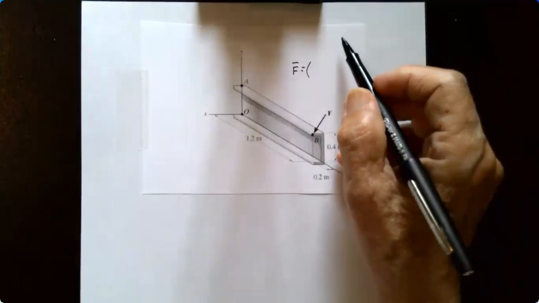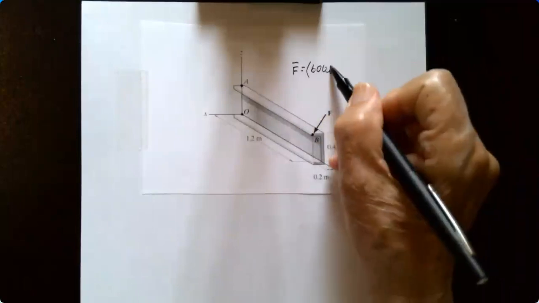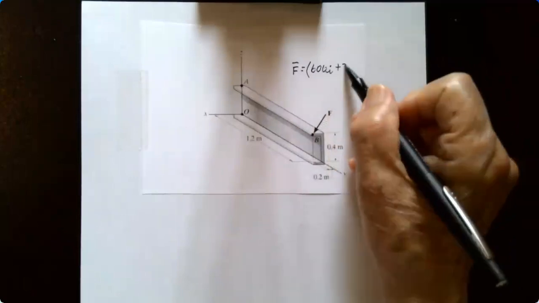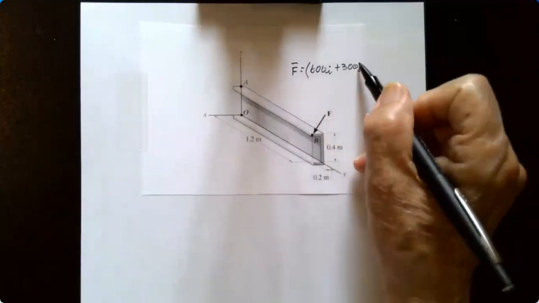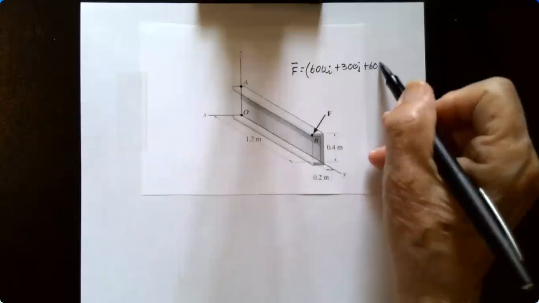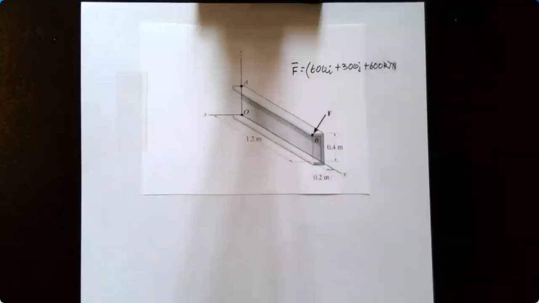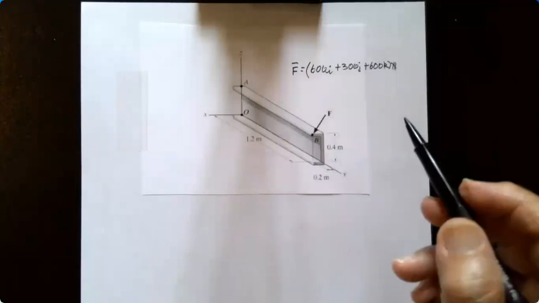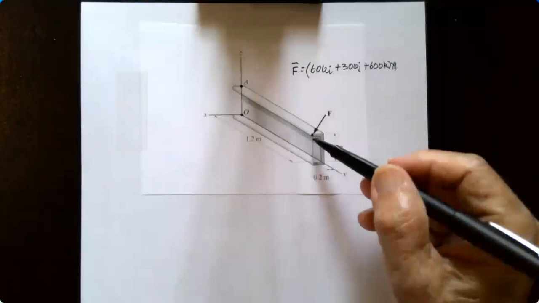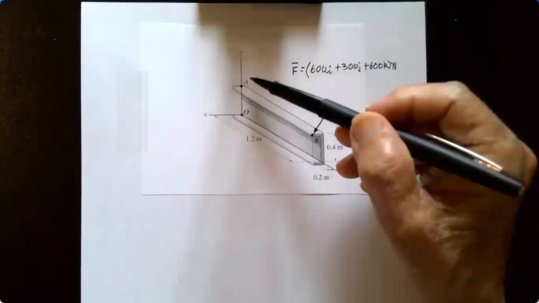It's 600 i plus 300 j plus 600 k newtons. Okay, so that's the magnitude of this force F. It's acting at point B. What we want is the moment this force creates about point A.